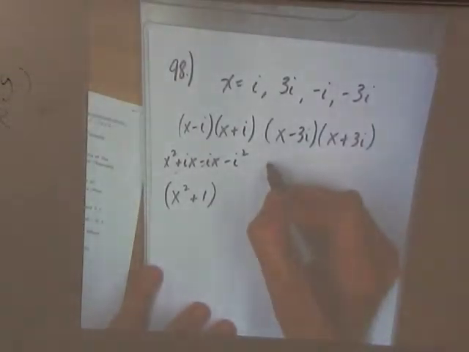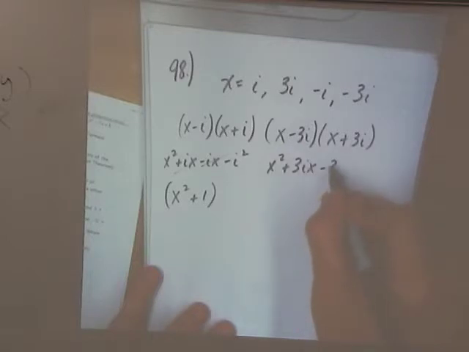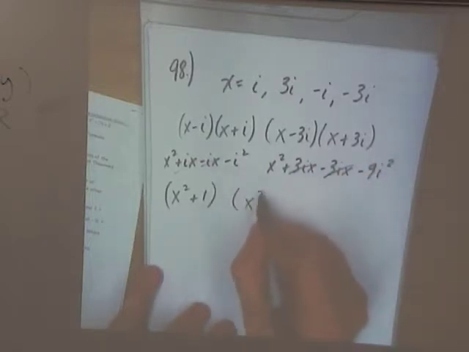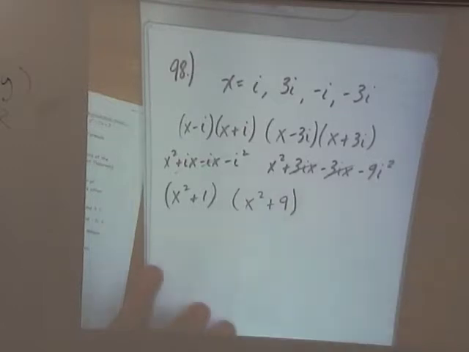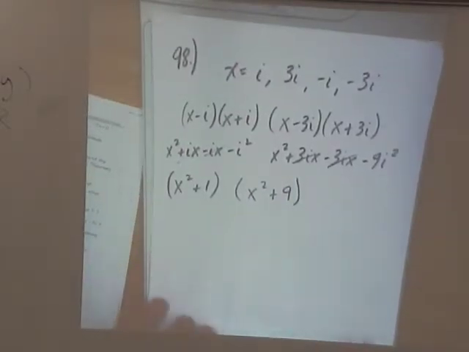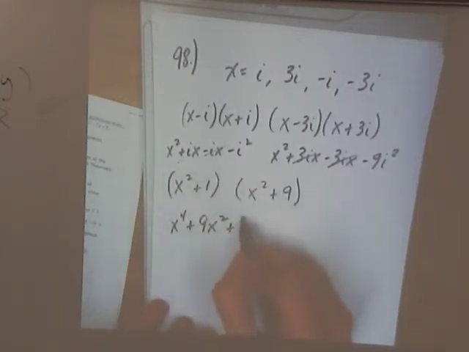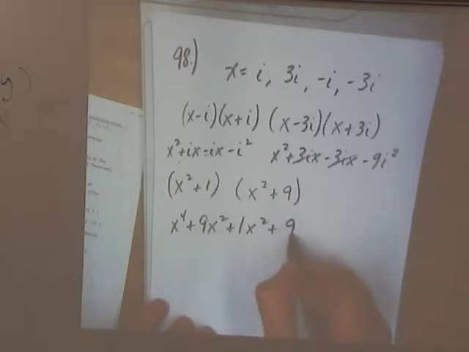And this one will be x squared plus 3ix minus 3ix minus 9i squared. Cancel out, that'll become plus 9. So it'll be x squared plus 9. Multiply these, you get x to the 4th plus 9x squared plus 1x squared plus 9.